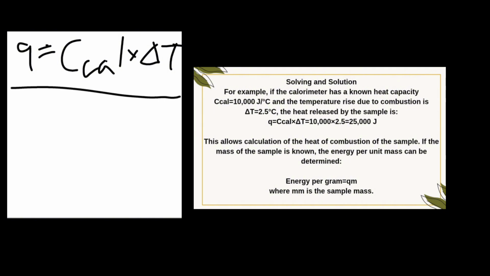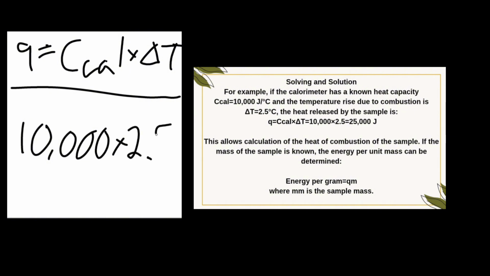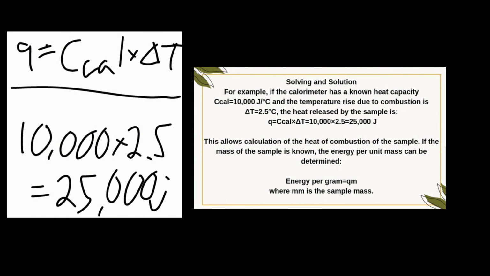Ccal is 10,000 joules per degree Celsius, times 2.5 degrees Celsius. If we put this on a calculator, we get 25,000 joules. And that's it.